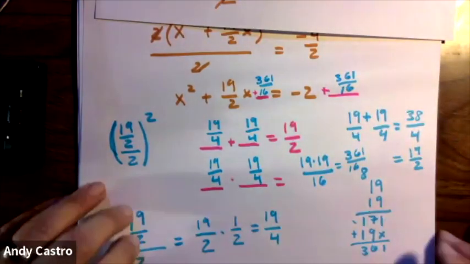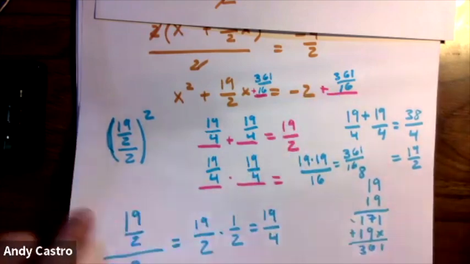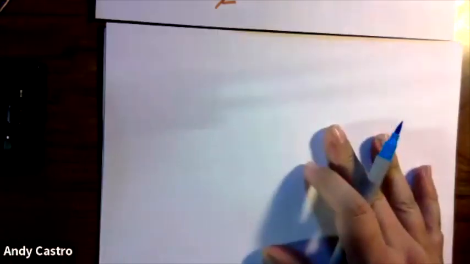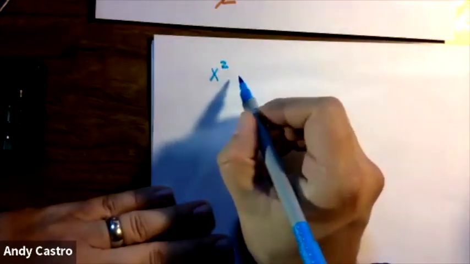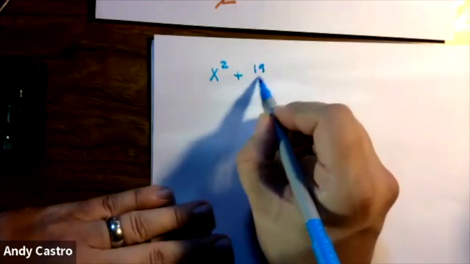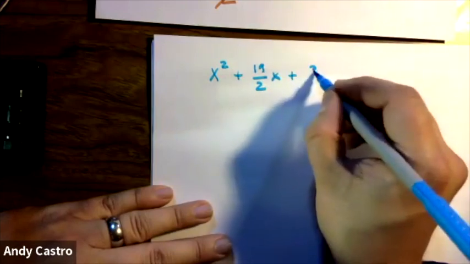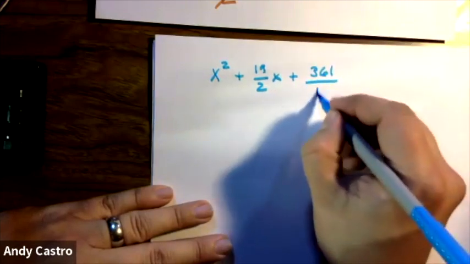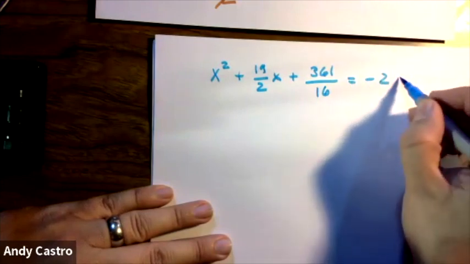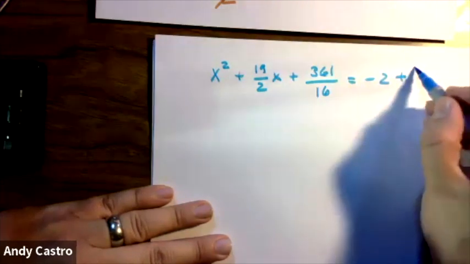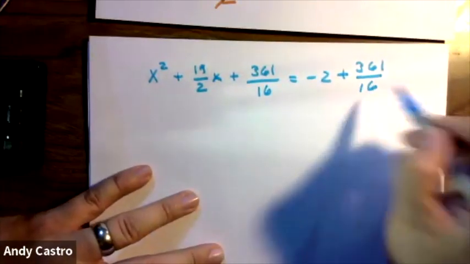All right. Now over here, I'm going to subtract 2 from it. So we just rewrite that. We have x squared plus 19 over 2x plus 361 over 16 is equal to -2 plus 361 over 16.